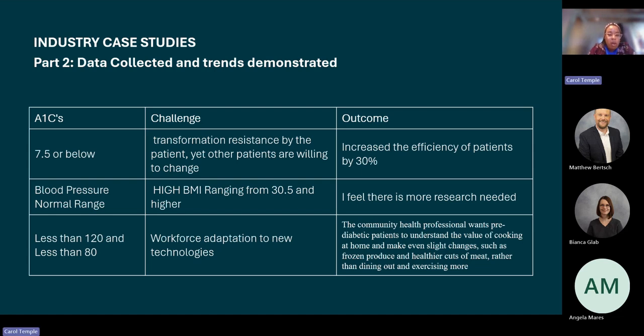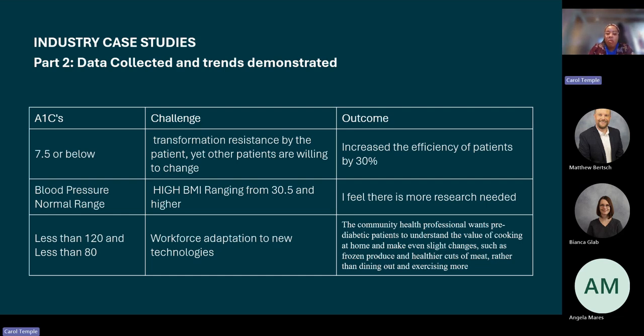And then in terms of Sun Life's future, we hope to see an increase of 30% more patients. At this time, I do feel more research is needed because I wanted to reach more community members overall. I just assessed 25 patients and I wanted to do more. So therefore, I feel like there's more research that is needed.